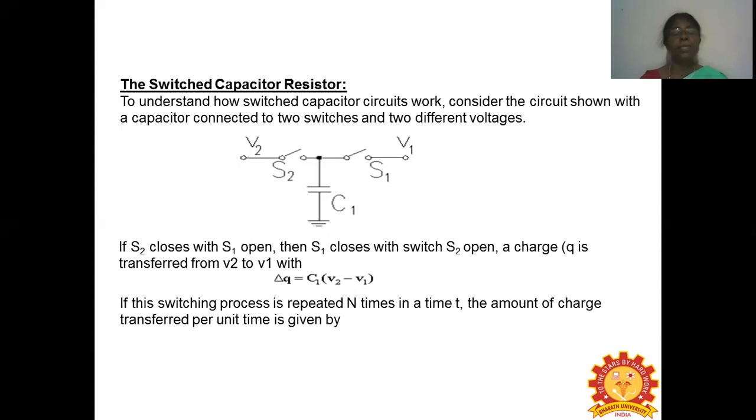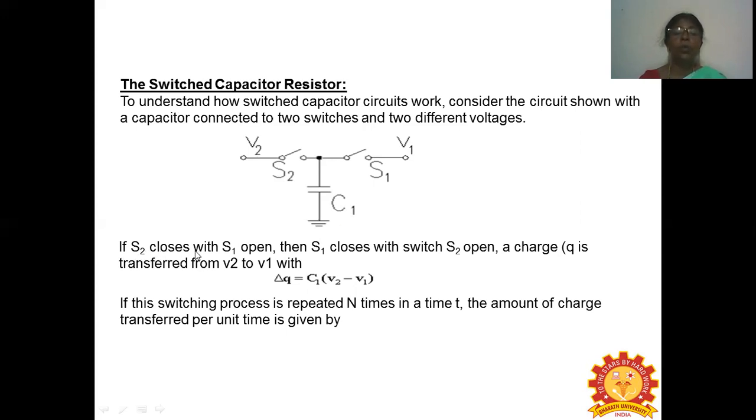So to understand how the switched capacitor circuit works, consider this circuit with a capacitor connected to two switches and two different voltages. Here V2 is the input voltage, V1 is the output voltage. S2 and S1 are two switches. C1 is the capacitor.